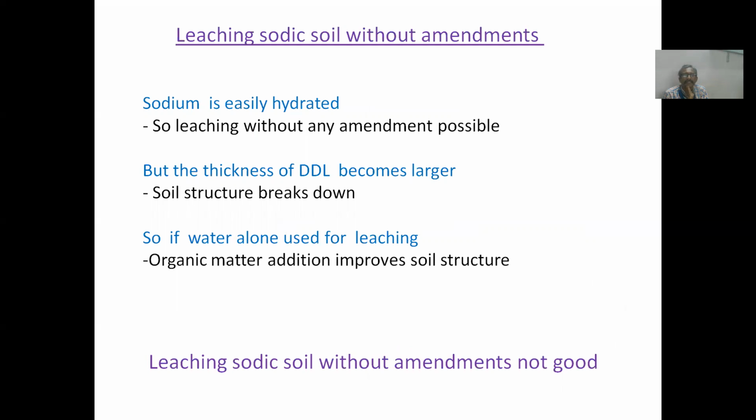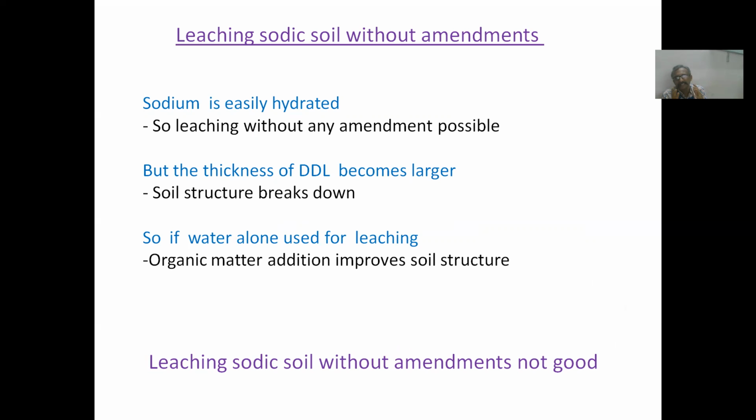Many times people think that since sodium can be very easily hydrated, in order to leach the soil, one can just apply water, hydrate the sodium and remove the sodium salts. But it has its own problems, because when sodium is removed, we are removing positive charges.